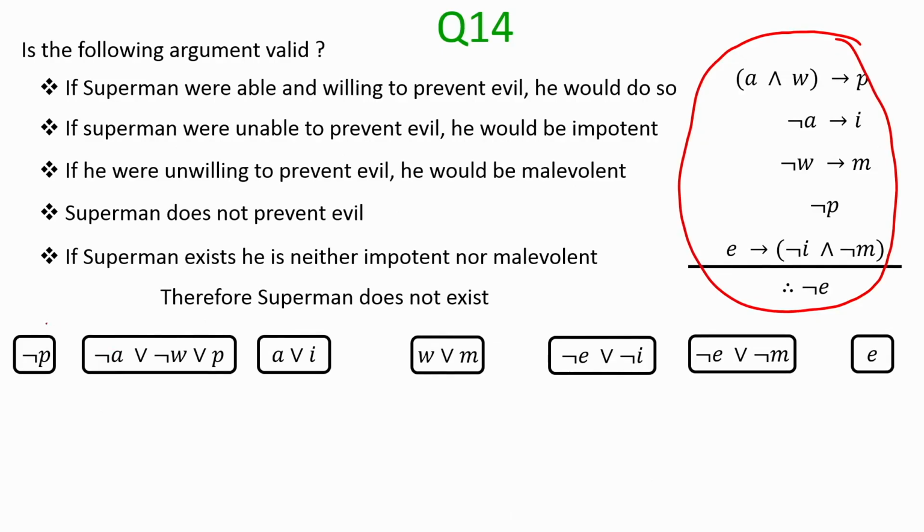So, these are your set of premises converted into their clauses, equivalent clauses, okay, right. So, in this case I have to convert some of the premises into their corresponding clause form or CNF form. In fact, I have to convert everything, because none of the premises are available in their CNF form except this negation P. Negation P is available in its CNF form, everything else have to be converted.